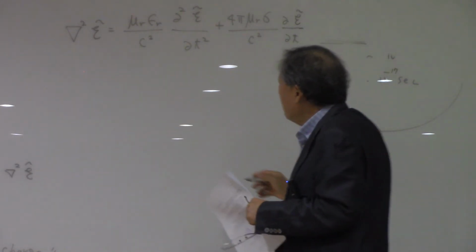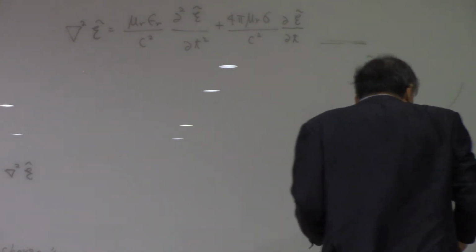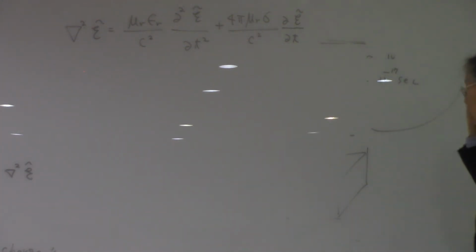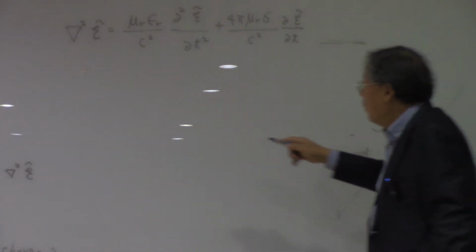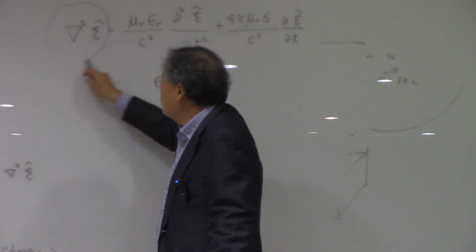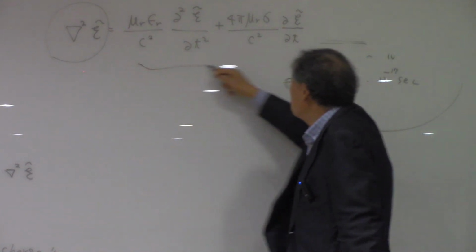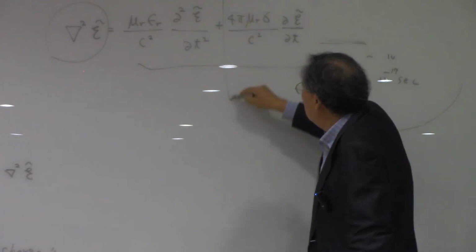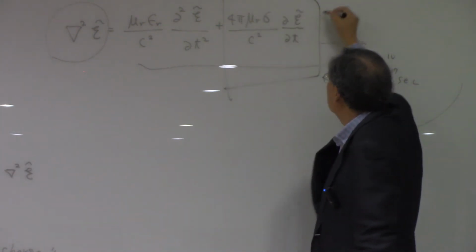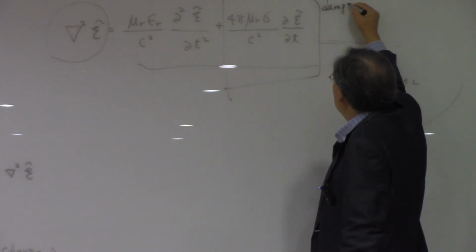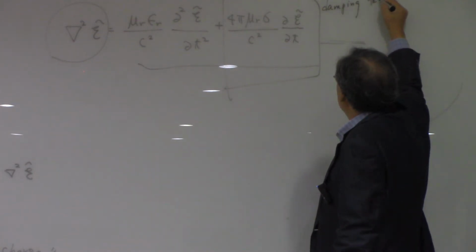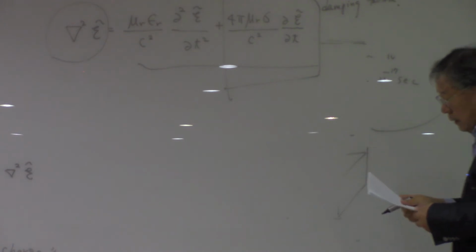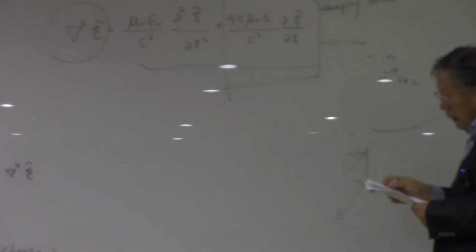It looks complicated, but it just follows what the wave equation should look like, right? One is the spatial derivative, and this is the time derivative. The only thing is we have this damping factor.